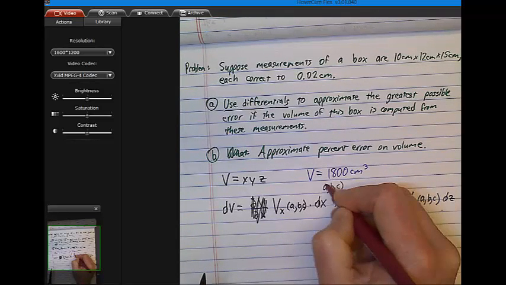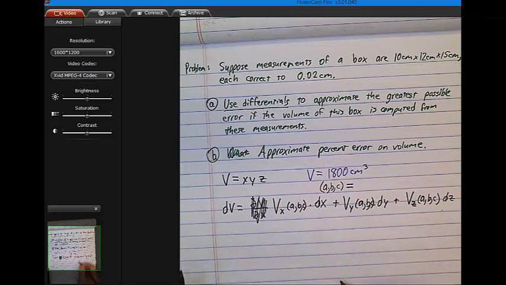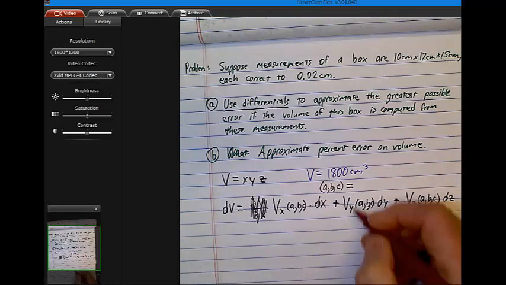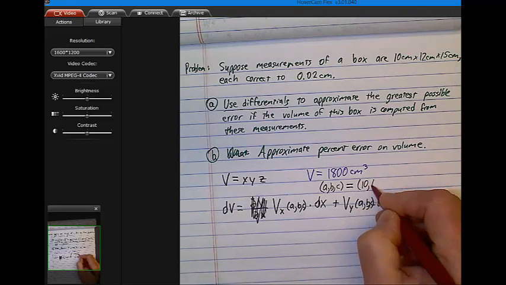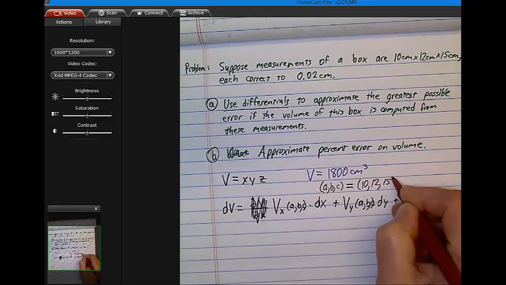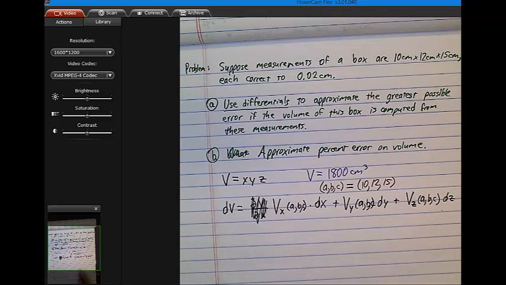ABC in this example equals what? That's right. Those are the values that we used to compute. So there's kind of two steps here. You want to compute the partial derivatives, and then you want to throw the numbers in, right?